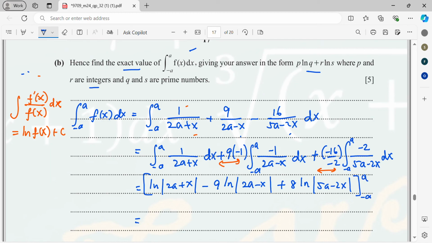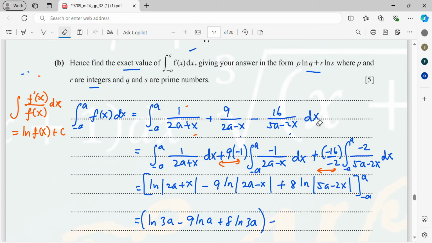Then from here, just replace the values. Let x be a. So you will get ln 3a minus 9 ln a plus 8 ln 3a. Because all the terms after the ln are positive, I will just ignore the modulus. Then minus when x is replaced by minus a.